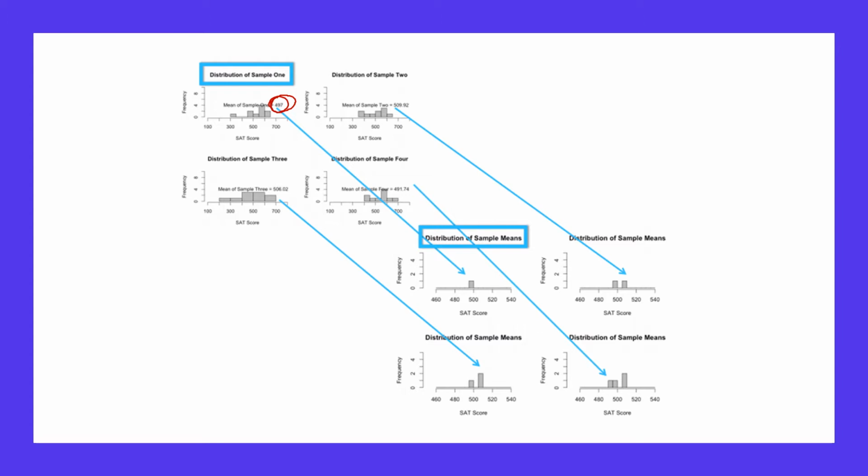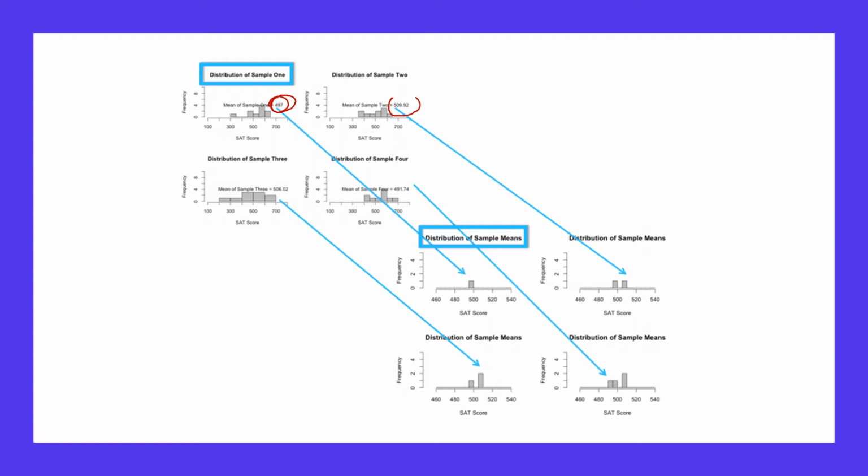Then they did another one, the distribution of sample 2, which had a mean of 509.92, or approximately 510. Then sample 3 had a mean of 506.02, and distribution 4 had a mean of 491. So they took 10 people and took the mean of that sample.